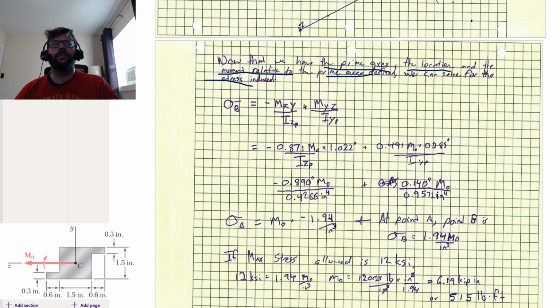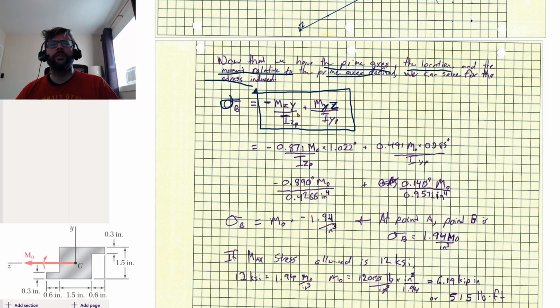So we have our stress levels, again just taking the formula from the textbook: minus the moment about the z-axis times the y-coordinate divided by Iz prime, and then plus My times the z location divided by Iy prime.